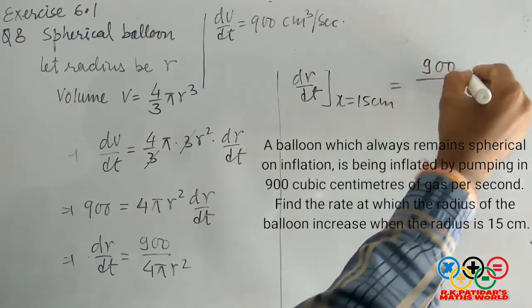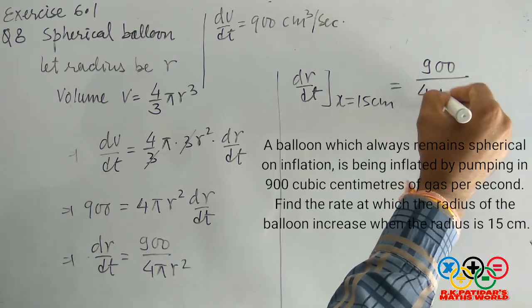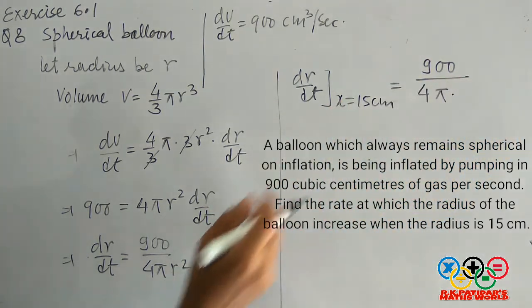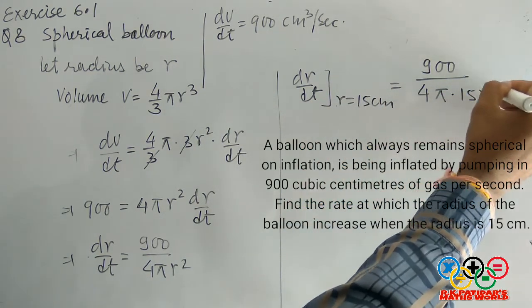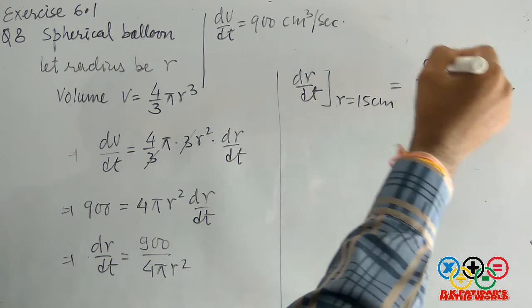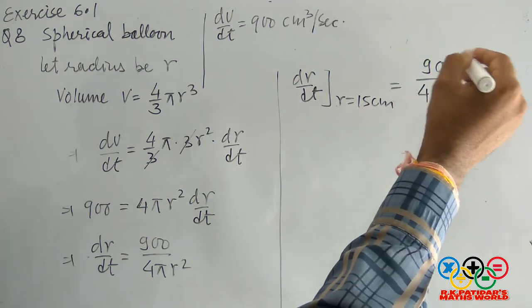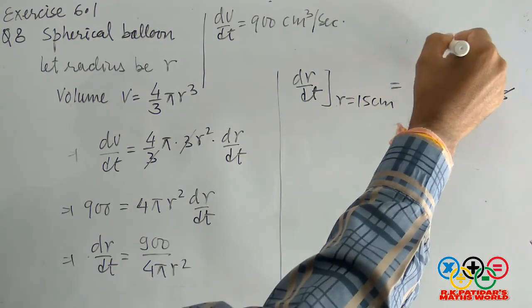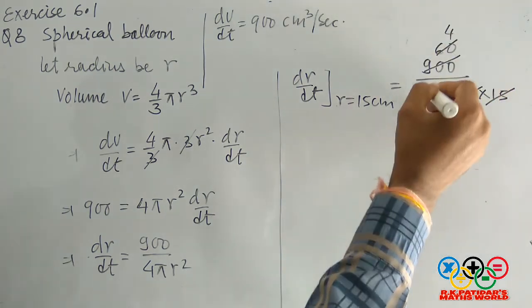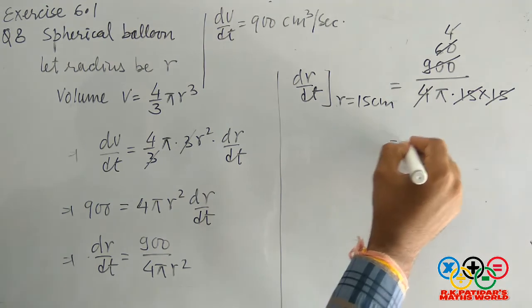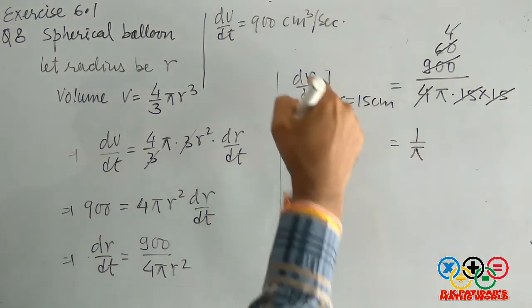So it is 900 upon 4 pi into r, r is 15, so 15 multiplied by 15. 6 15s are 90 and 15 4s, and this 4 and 4 cancel. What we get is 1 upon 5.